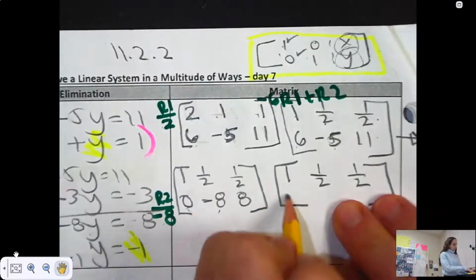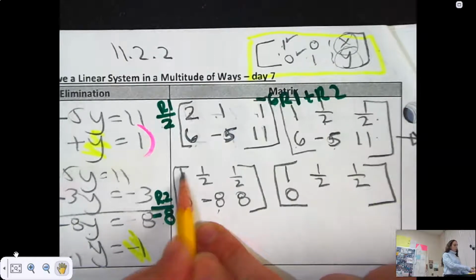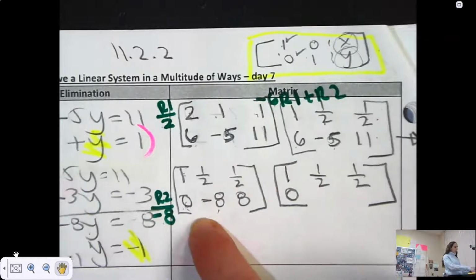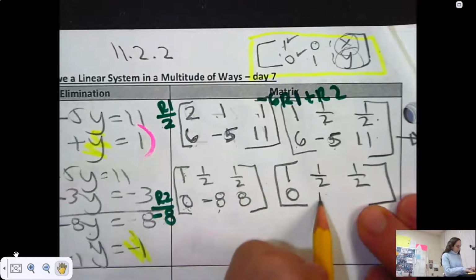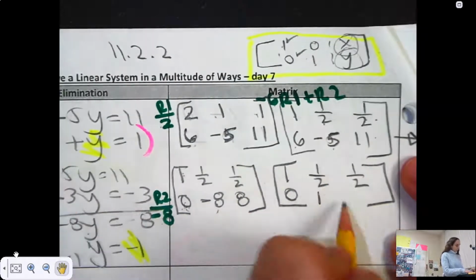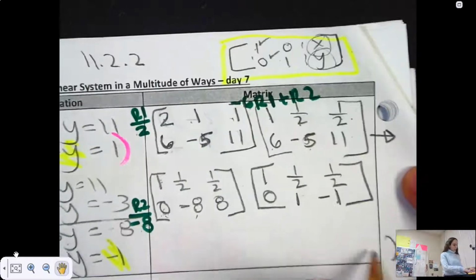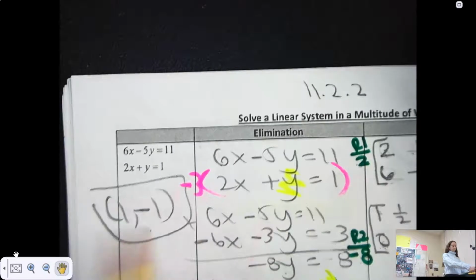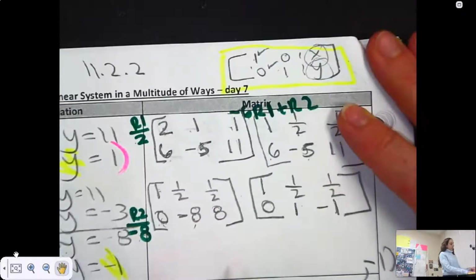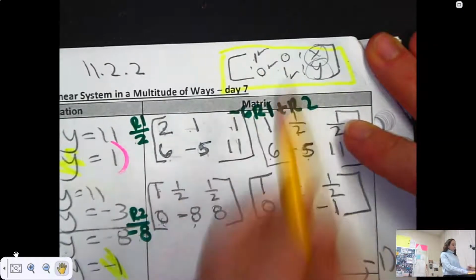So 0 divided by anything is 0. That's the whole point. If you change these 1s and 0s, you've backtracked. Negative 8 divided by negative 8 is 1. And 8 divided by negative 8 is negative 1. I actually know the y value. I know the y value is negative 1. And if you look over here, look at that. Okay? So now I've gotten the 1, the 0, and the 1.